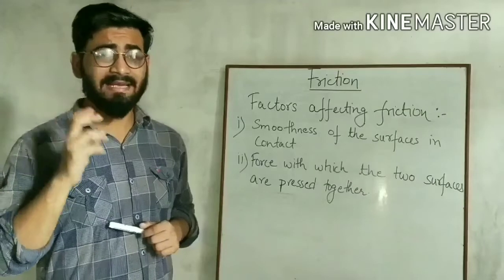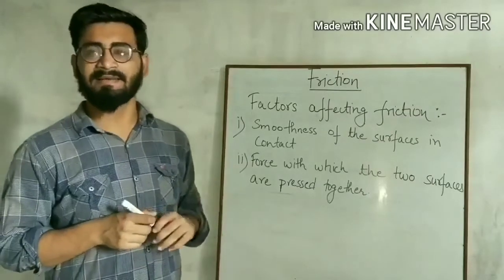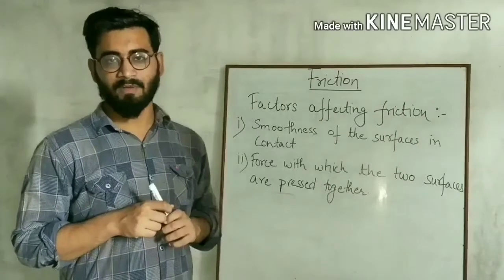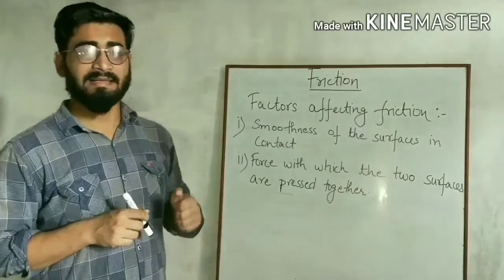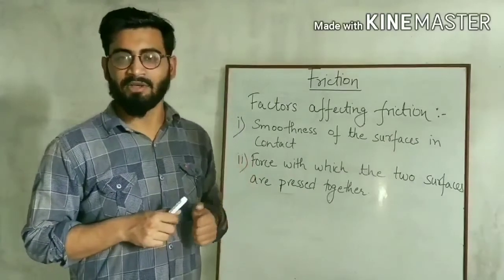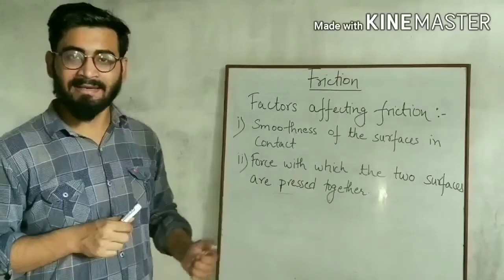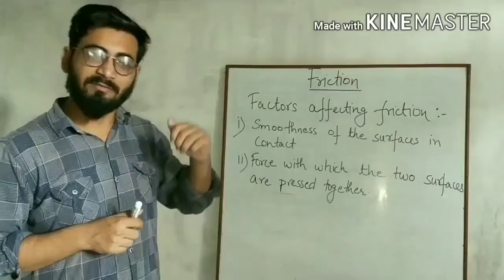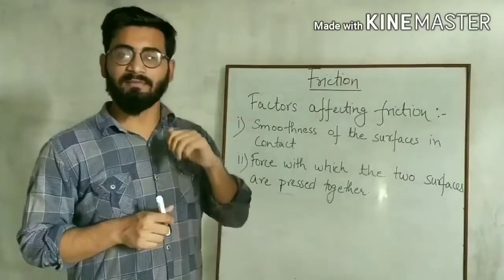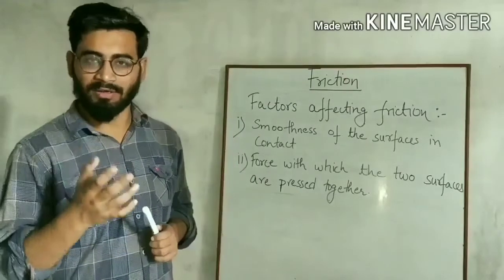Because in the second case, the force with which the two surfaces are pressed is harder. What are the two surfaces here? The surface of the mat and the surface on which the mat is kept. So the force with which these two surfaces are pressed is harder. That is why the friction will be more there, and you will find more difficulty dragging the mat when a person is sitting on it.